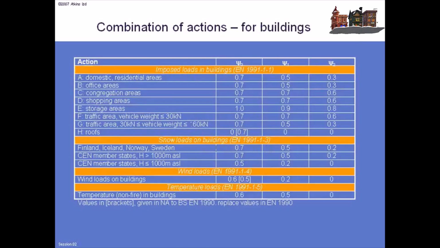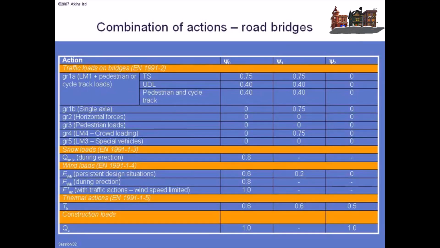These are basically the typical values that we have for the various different psi factors. So you see, for example, for quasi-permanent, for average, everything's 0 with the exception of thermal actions. So the average thermal effect is 50% of the full characteristic effect.